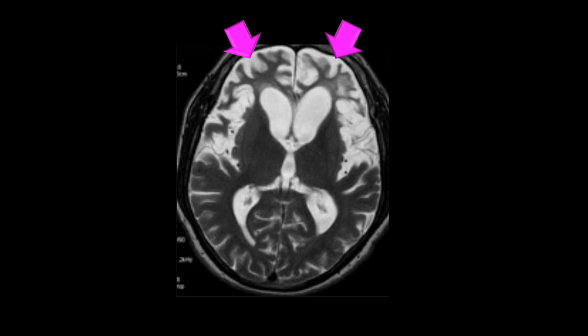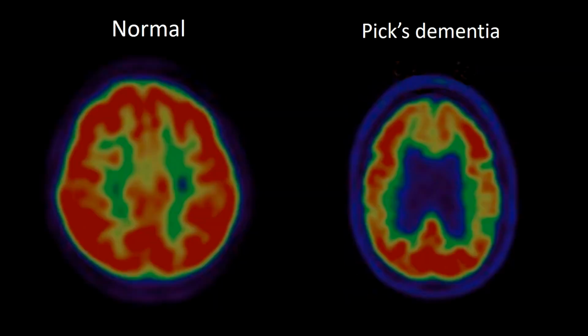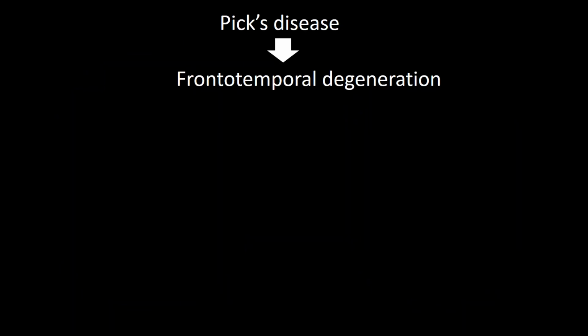Notice the fullness of the frontal sulci and enlargement of the frontal horns of the lateral ventricles, as compared with the occipital horns of the lateral ventricles and the occipital sulci. PET scan in these patients demonstrates frontal hypoperfusion and temporal hypoperfusion.